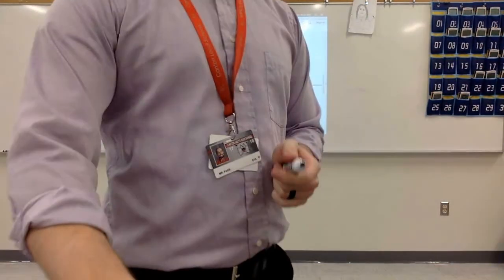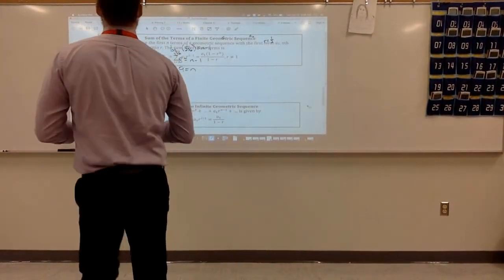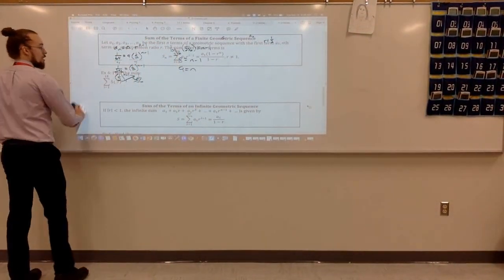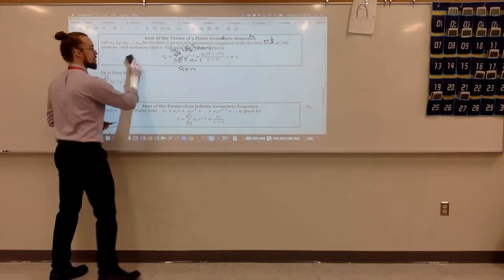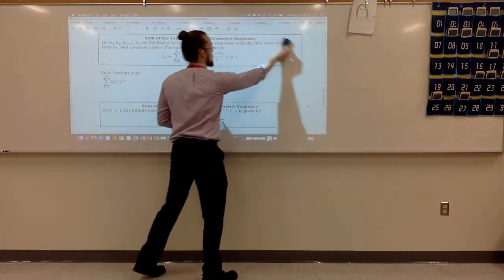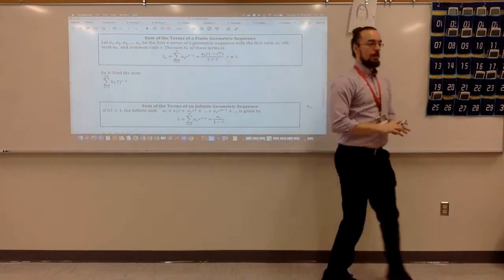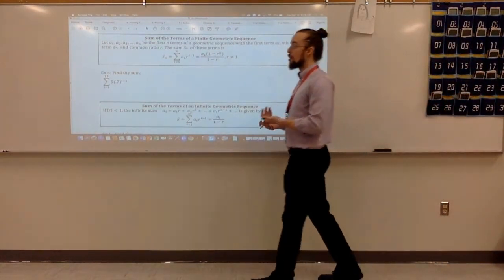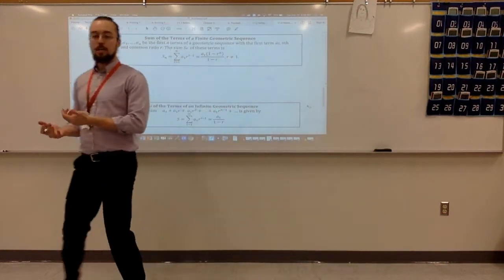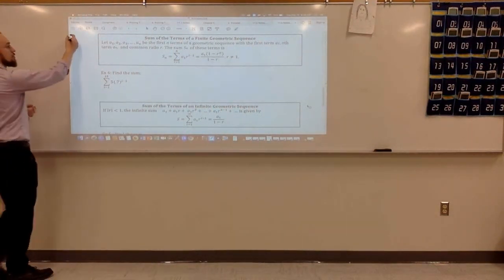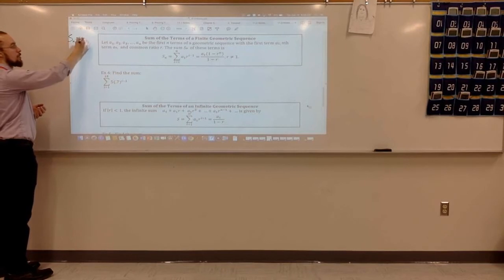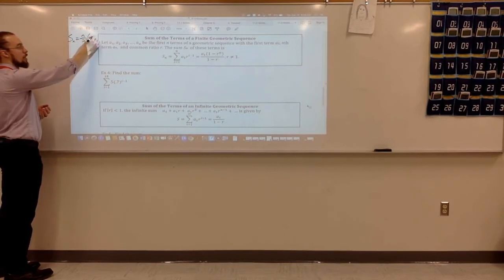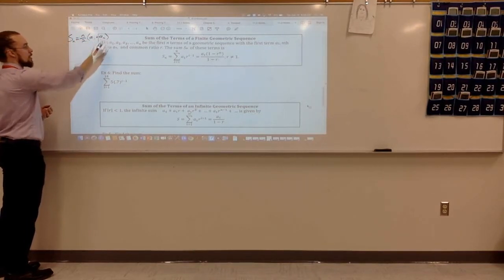All right, then on the back, let's talk about finding the sum of a geometric sequence. Just like our arithmetic sequences, we could add them all up. We have a nice formula for that. So our arithmetic formula was S sub n equals n over 2 times a sub 1 plus a sub n.